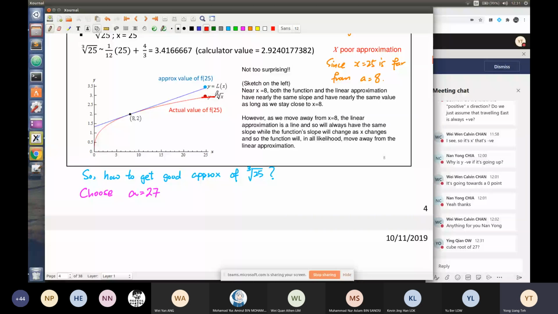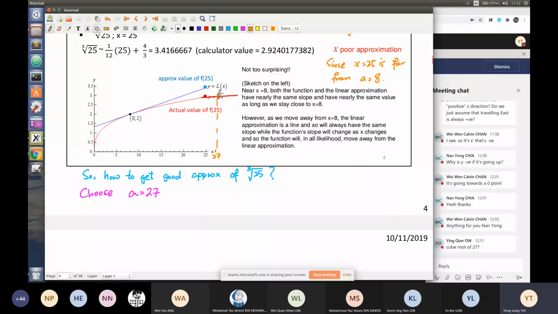So let's say this is extended. You can see you want to get this value, but if you choose 27, I'm going to just estimate, maybe 27 is here. If you do a cube root of 27 and you linearize from there, let me just draw a line. So you're drawing the tangent line at this point.